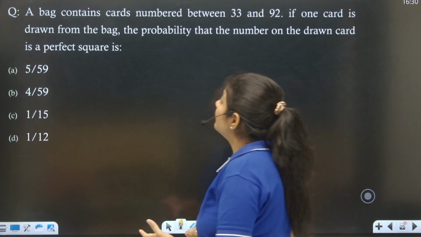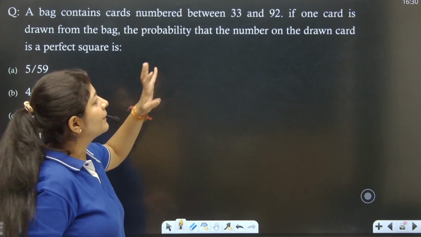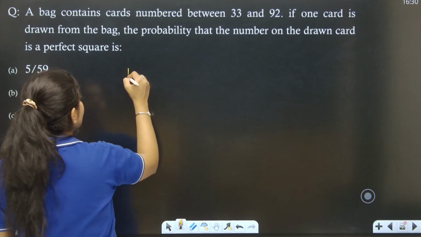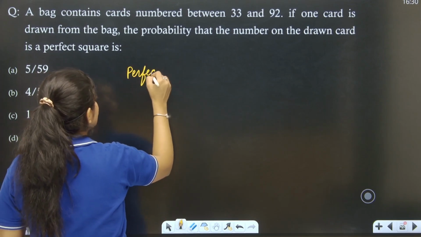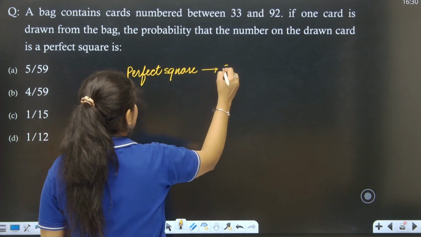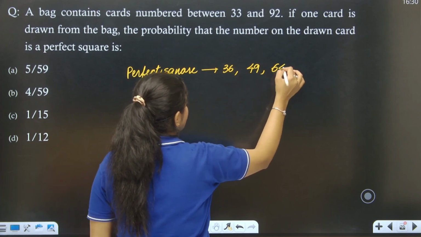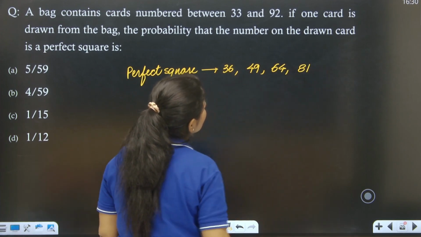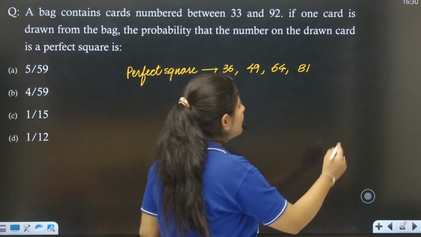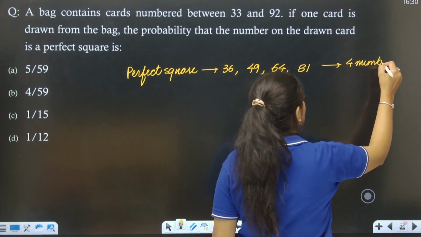Here, first we need to find out how many perfect squares lie in between. The perfect squares lying in between are 36, 49, after that 64 and 81. These are the only four. So the favorable numbers that we want are the four numbers only.